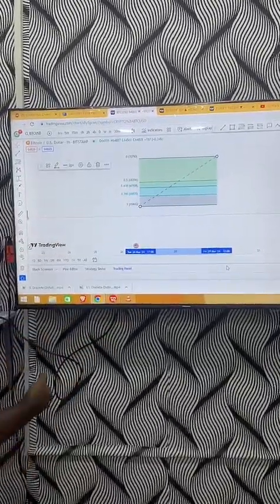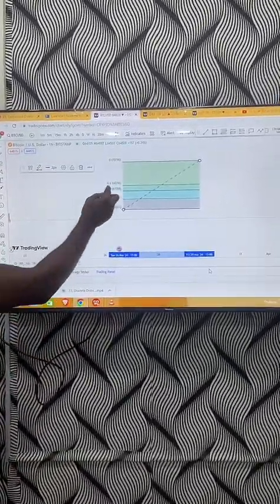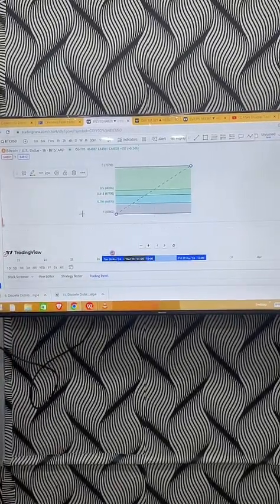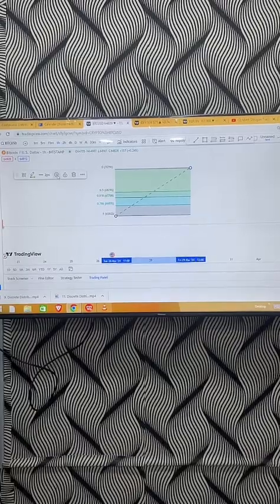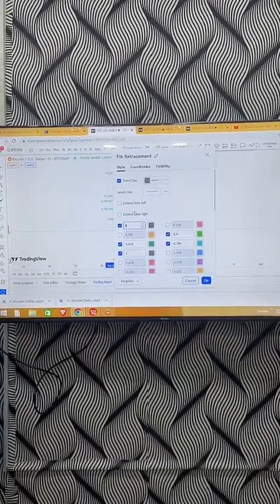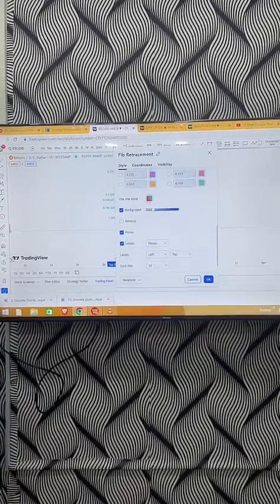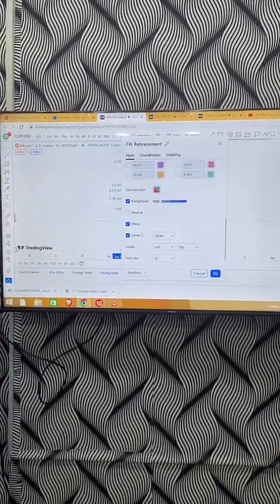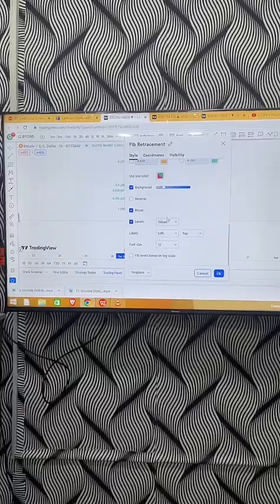You can edit it further. Maybe you want these numbers to be written here. You click on the settings again. So you scroll down or scroll up.